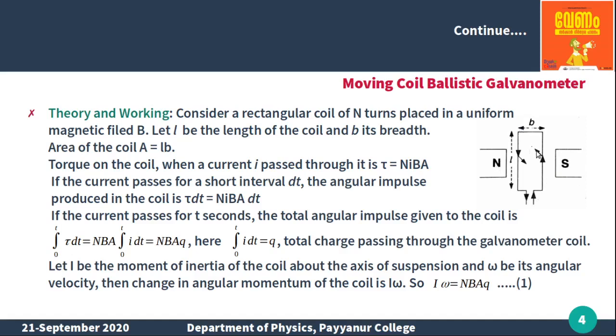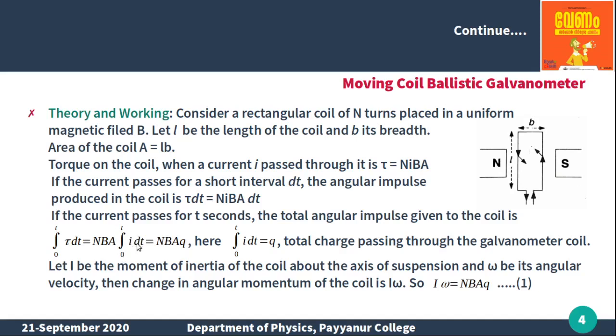N is the number of turns, A is the area that is not changing. Only the current passing through is changing with time, so you have to integrate I dt.